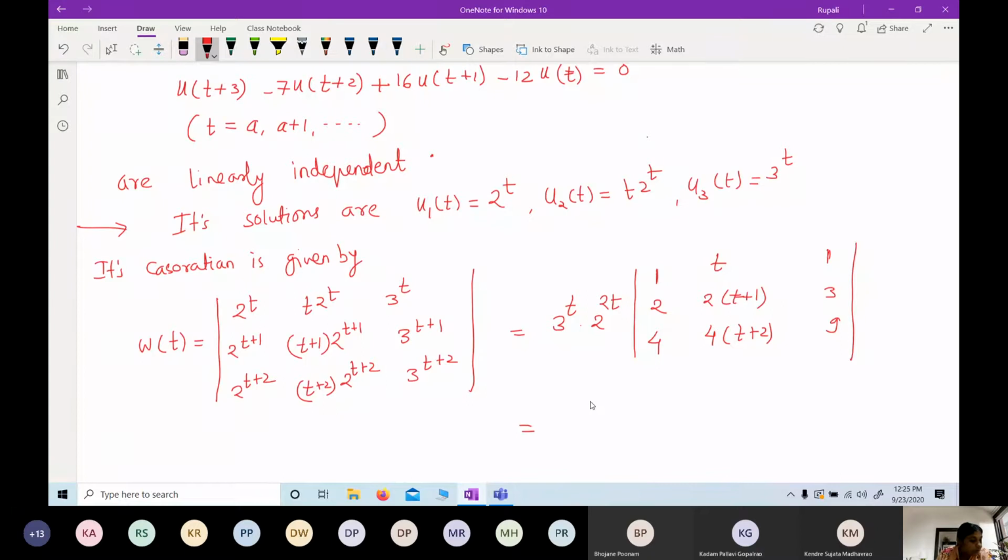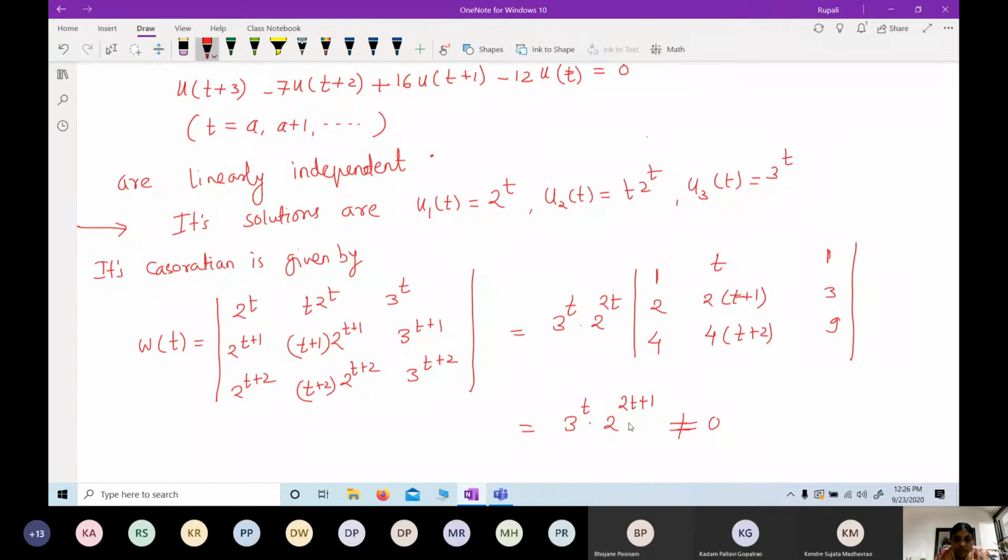If we simplify, I will get this equal to 3 raised to t times 2 raised to 2t plus 1. You can check this. Since this is an exponential function, it cannot be 0 for any value of t.